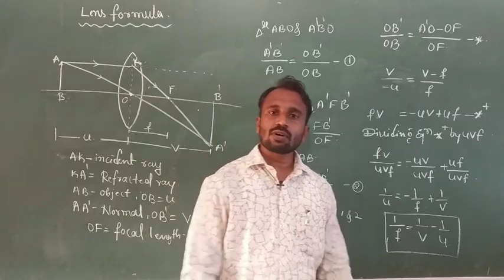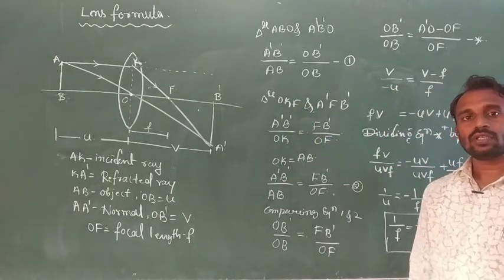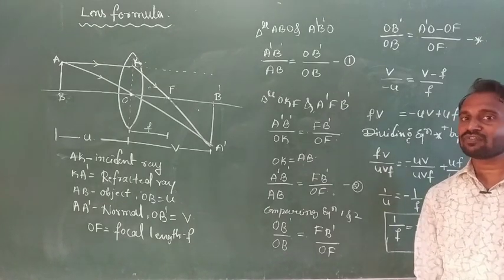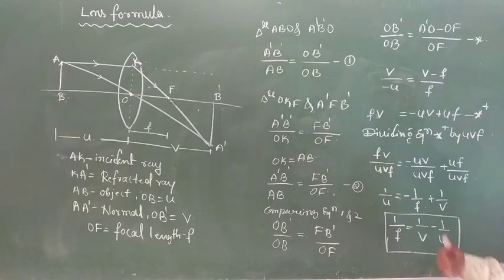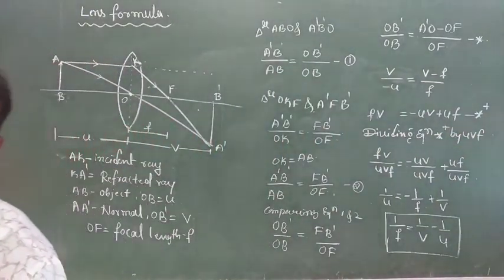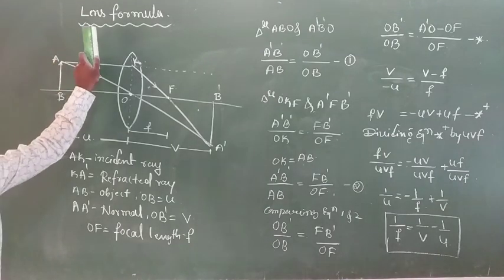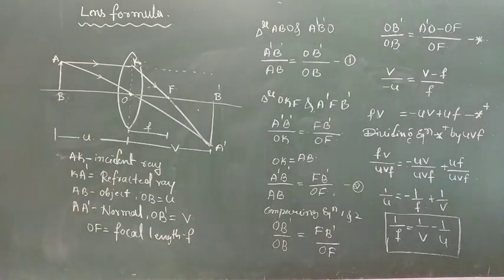So this equation is also a relation between U, V, F in a convex lens. It means the relation between focal length, image distance and object distance in a convex lens, or in a lens, we consider it the lens formula.